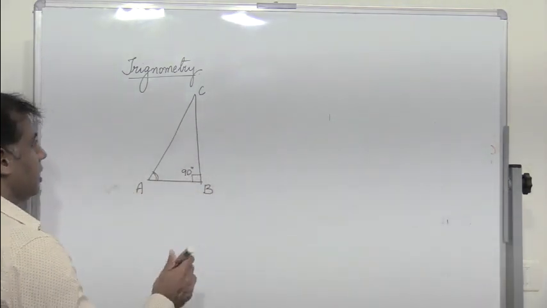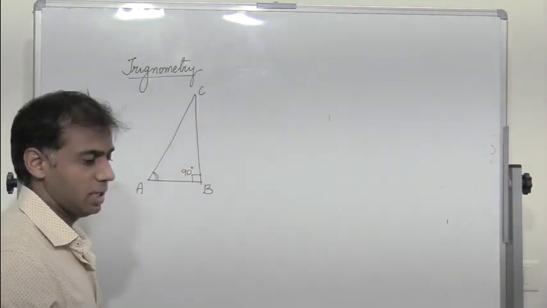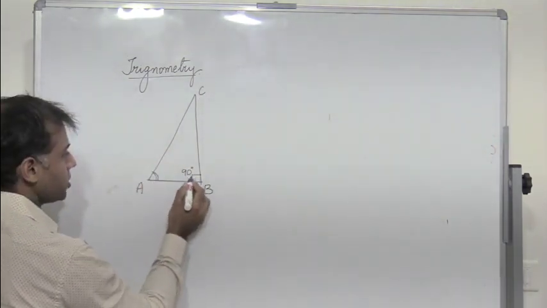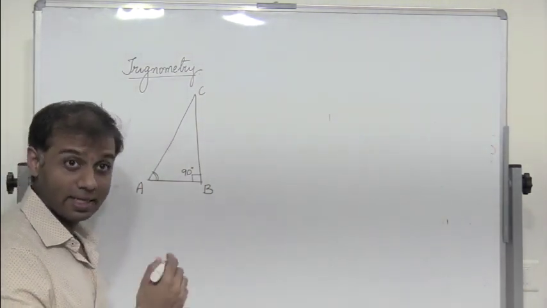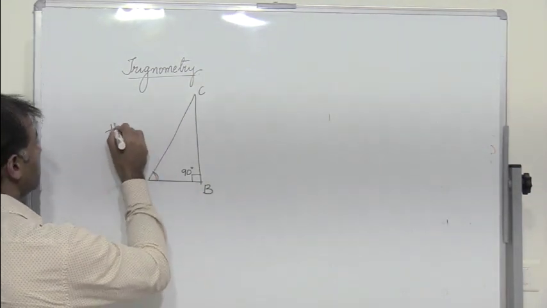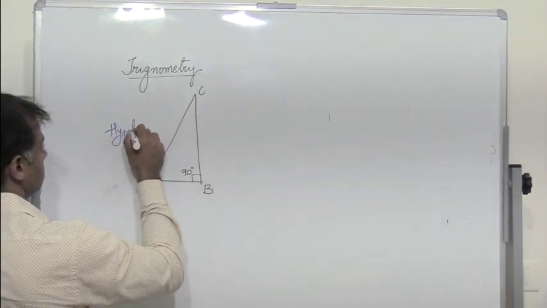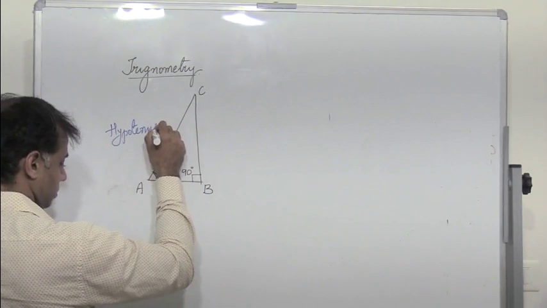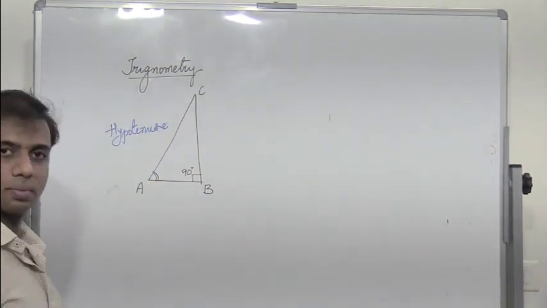Now for that, when we consider a right angle triangle, there are of course a few properties. The side which is opposite to 90 degrees is known as the hypotenuse. Right?